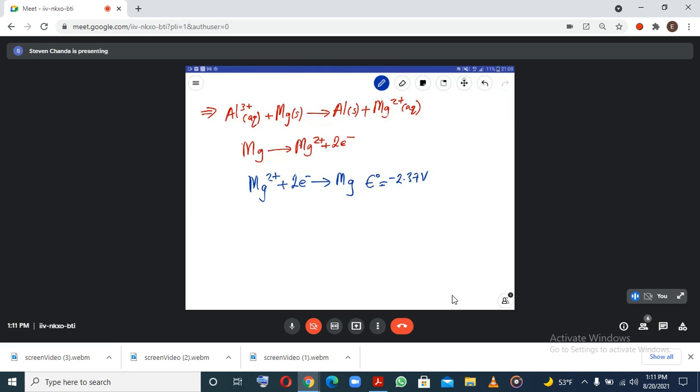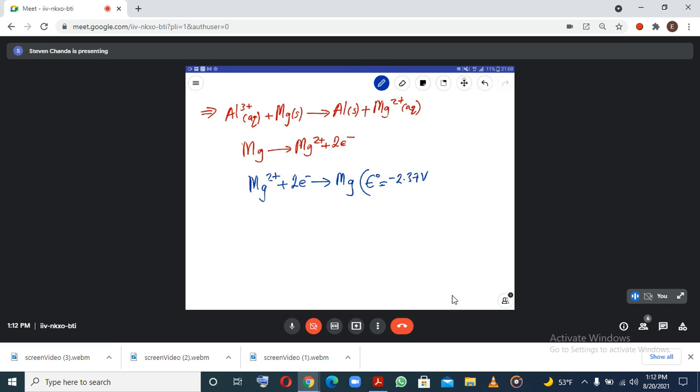So now we know that in this case it's being oxidized. So this has been reversed, okay? So it means that this reaction has been reversed. If it's been reversed, remember, when you reverse the equation, the value of E, you multiply it by negative 1, right?